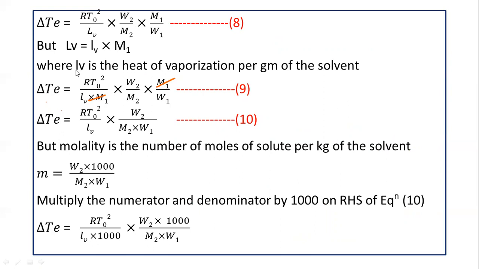Small lv is the heat of vaporization per gram of the solvent. By doing this, this M1 and this M1 get cancelled, so we can write this equation, that is equation 10.